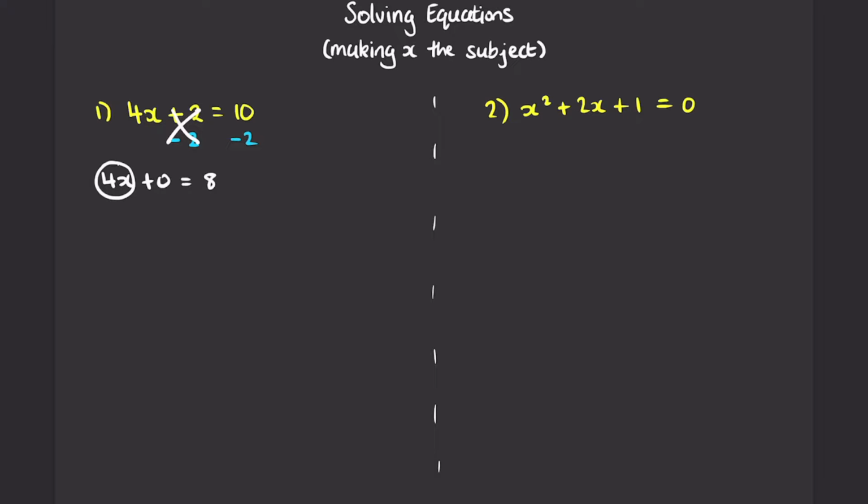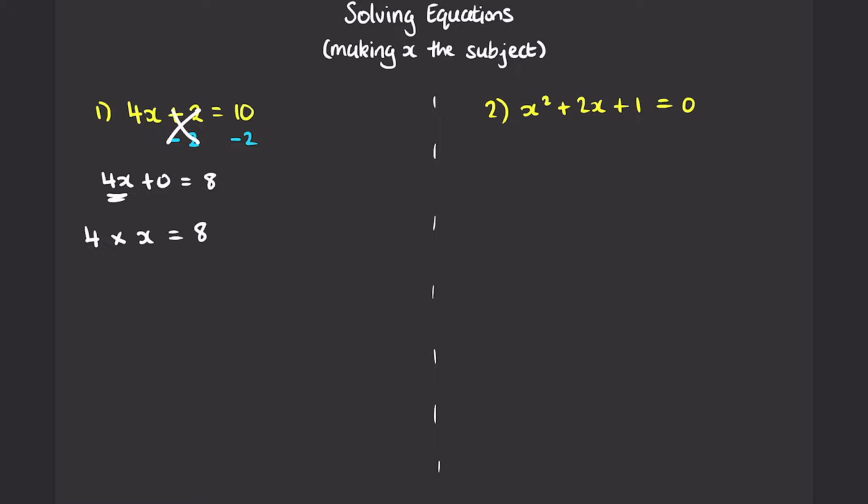What this is saying is 4 multiplied by x equals 8. Thinking of the concept from earlier, where we subtracted 2 to eliminate the plus 2 from one side, how can we eliminate the 4 from this side and put it over here?